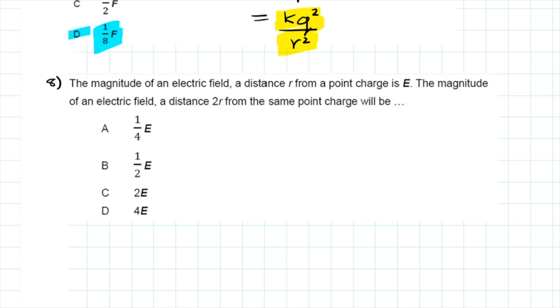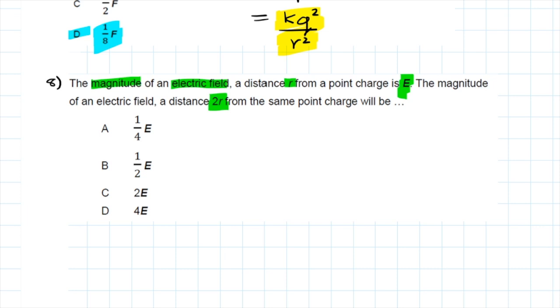Now we look at question number 8. Question 8 says, the magnitude of the electric field at distance r from a point charge is E. The magnitude of an electric field at distance 2r from the same point charge will be A, 1/4 of E, B, 1/2 E, C, 2E, or D, 4E.